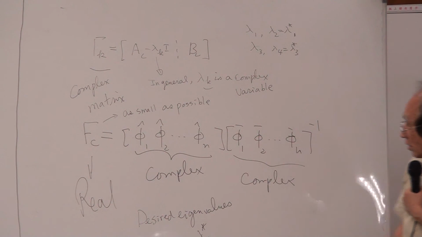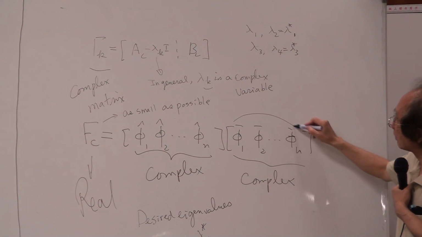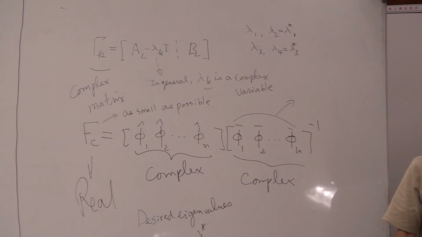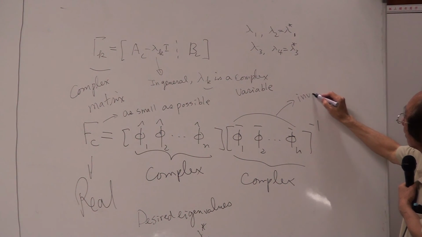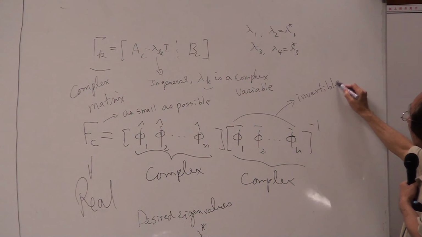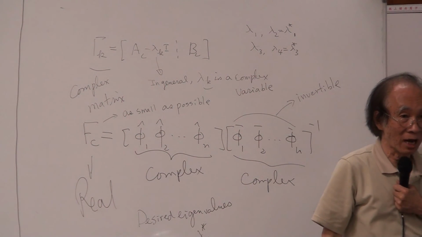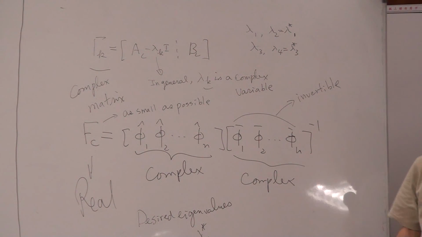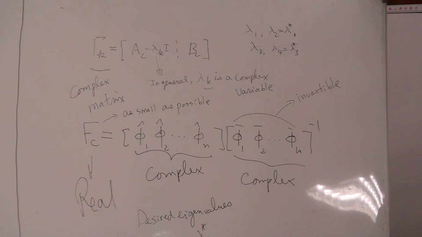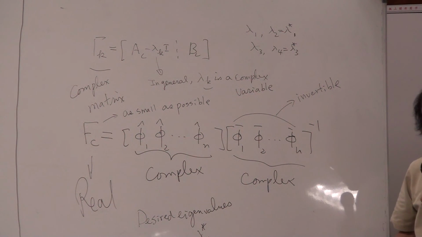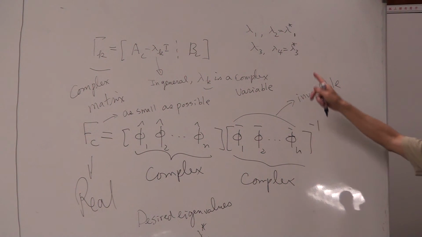Now, if we want this as small as possible, this guy has to be invertible, right? If this guy is not invertible, that means FC will be very large. You have to make sure about that. Now, you might say, okay, if this is not invertible, can I use a pseudo inverse? The answer is no.